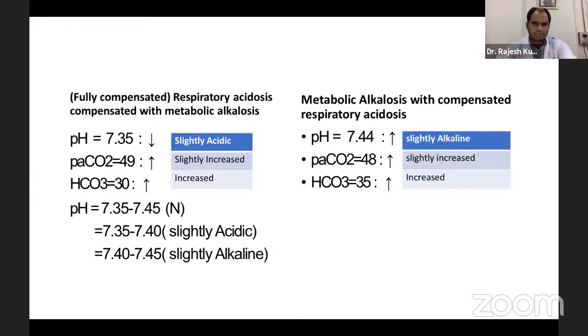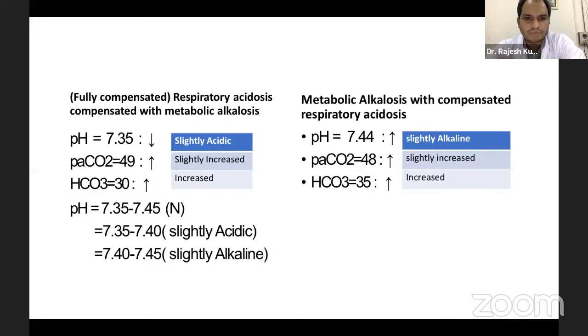These are some examples of full compensation. You can see here the pH value is decreasing, means acidosis. PCO2 is 49, bicarb is 30. How can you say it is fully compensated? Because your pH is near normal. So it is fully compensated.